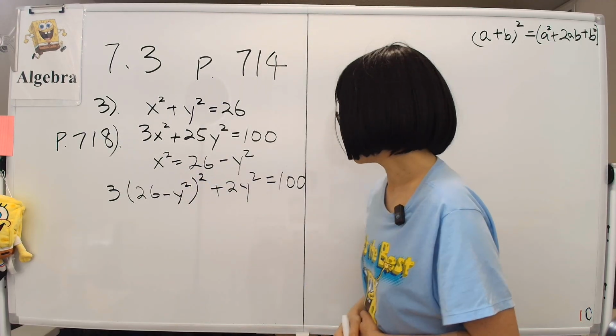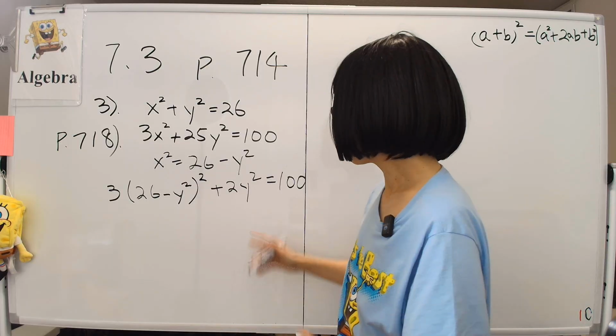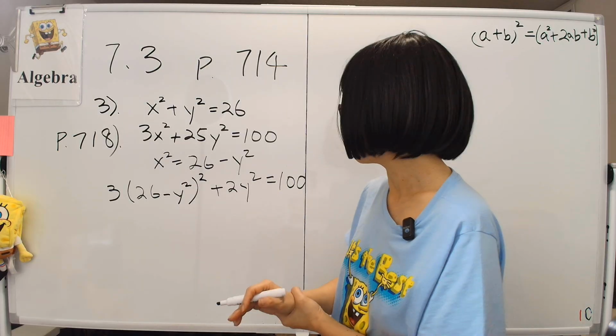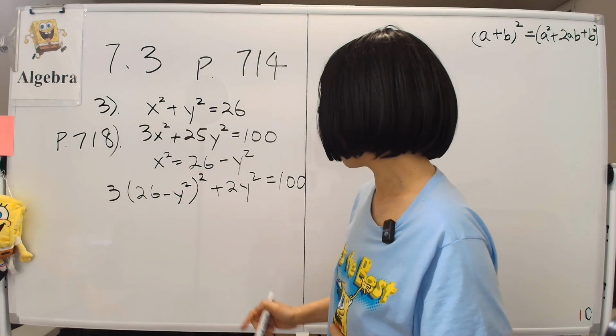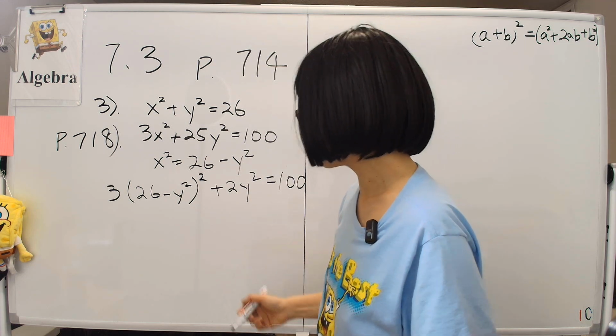Now we just have a quadratic equation with y squared being the new item that we're squaring. To do that, we have to multiply this out, which is not going to be fun, but there's no getting out of it.